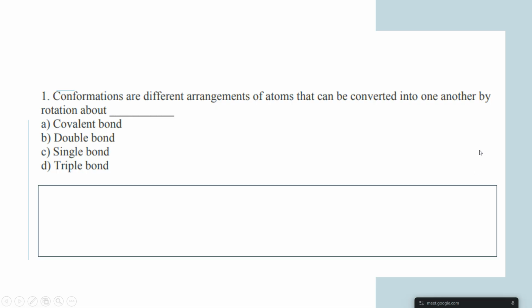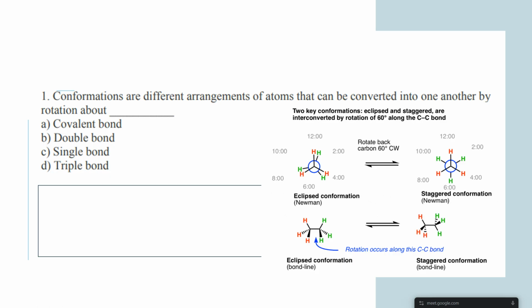In this first question, it says conformations are different arrangements of atoms that can be converted into one another by rotation about covalent bond, double bond, single bond, or triple bond. So, when we talk about conformations, we will always involve the molecular structure in such a way that there will be no formation or breakage of bonds.